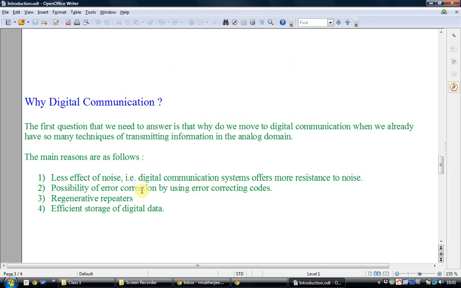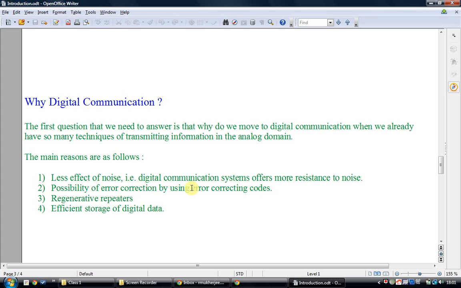We are well familiar with the fact that noise is the most problematic factor for any communication system, and digital communication systems can provide us better solutions towards eliminating this problem of noise.